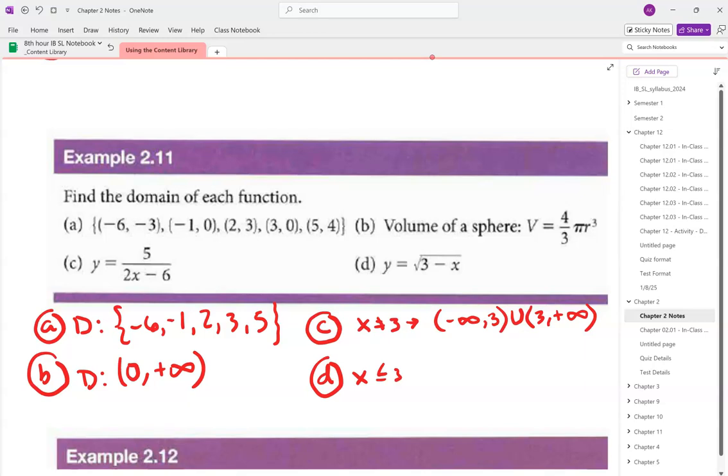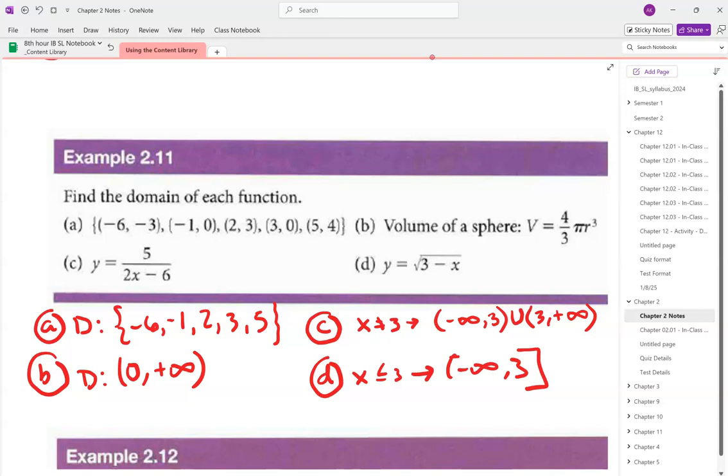Well, if it's 3, 3 minus 3 is 0. Square root of 0 is fine. If it's less than 3, like 3 minus 2, no problem. 3 minus negative 5, that's positive 8, no problem. That's what I want. So I'll write that as negative infinity to 3 bracket.